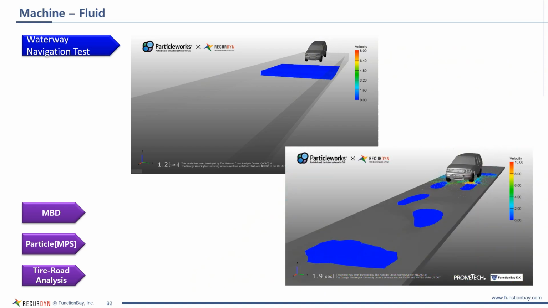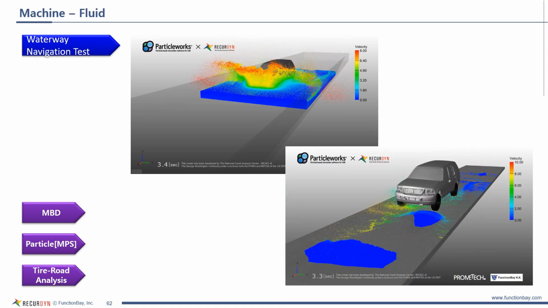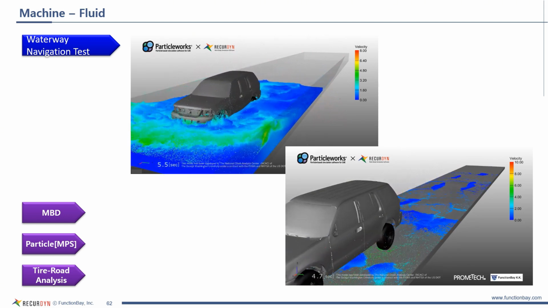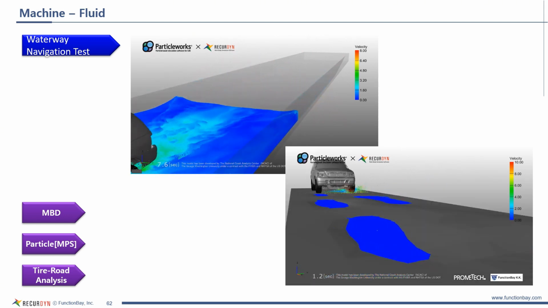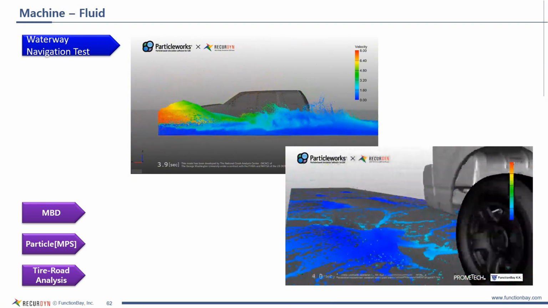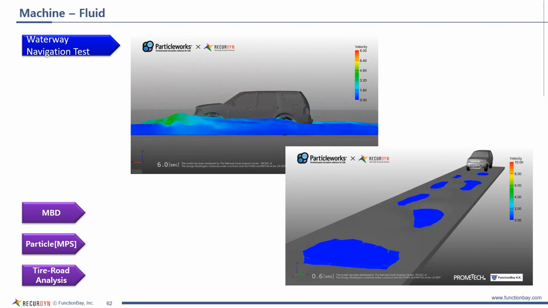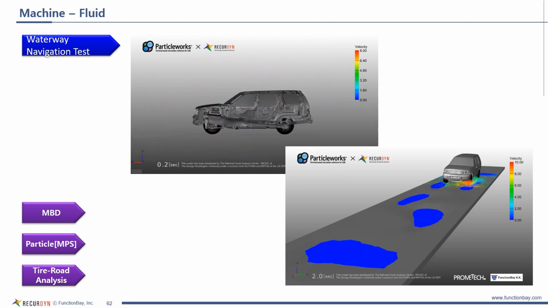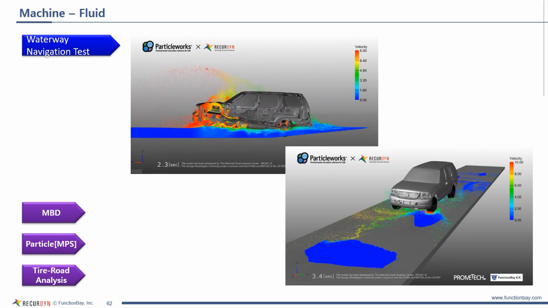This is an example of a co-simulation that simultaneously performs dynamics and fluid analysis to confirm how the fluid behavior penetrating a vehicle changes depending on the design of the vehicle's underbody as the vehicle drives on a waterway.